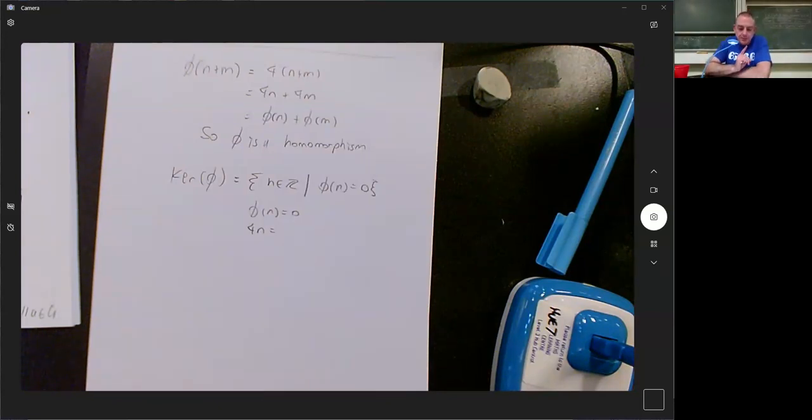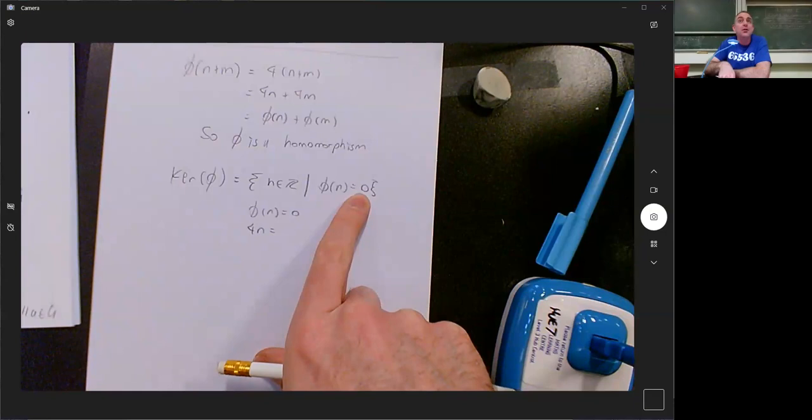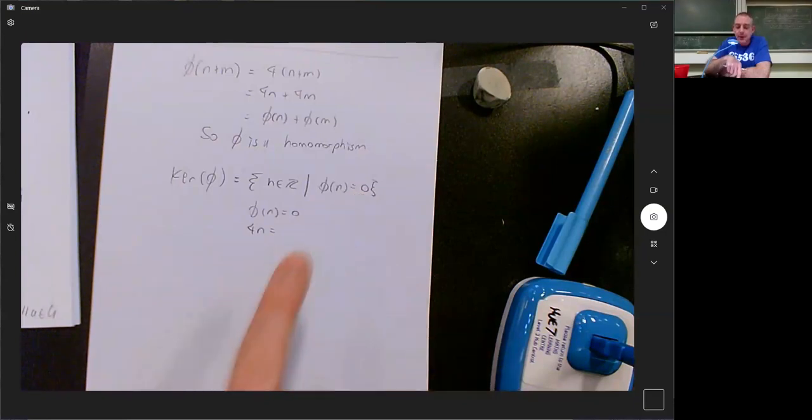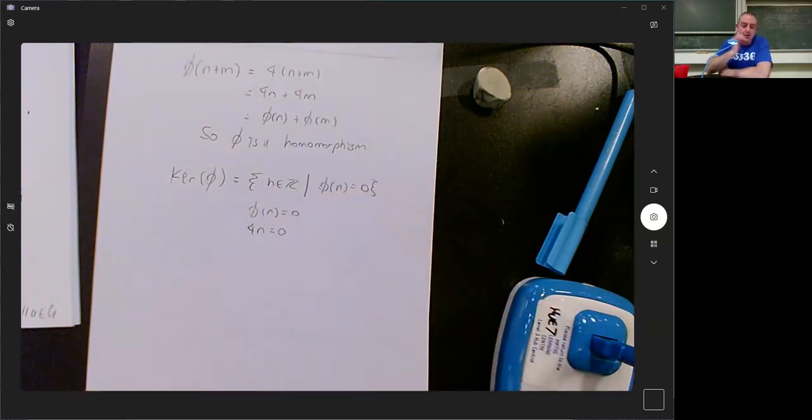Just a second. That's right, isn't it? It is equal to the identity in Z, which is 0, right? Okay. Bear with me. Oh, crap. I really thought I had it.